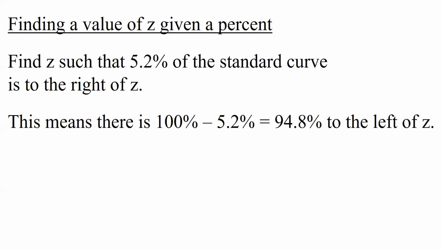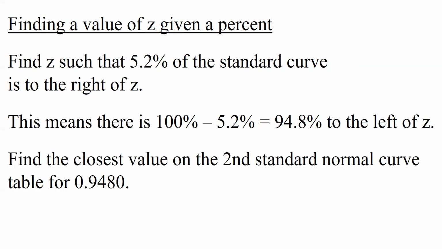Well, it's going to be 100 minus 5.2, or 94.8 to the left of that value. And again, that table is based on probabilities, so you have to convert it into a decimal, so 0.9480. And we're going to find where on that second chart is the closest to 0.9480.